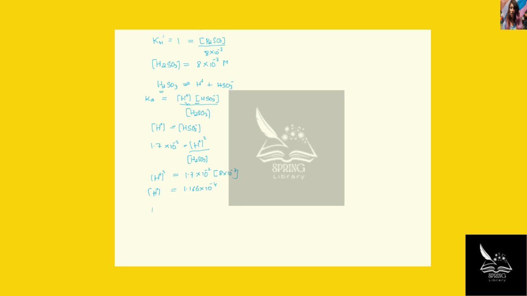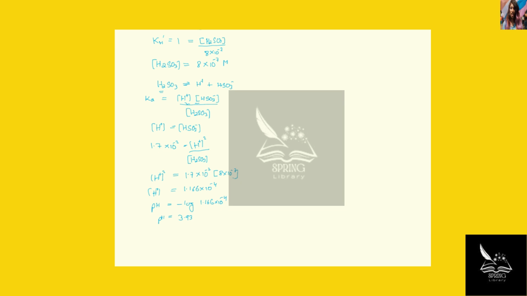And now the term for pH is equal to minus log of hydrogen ion concentration, and instead of hydrogen ion concentration we write this value, and its value is equal to 3.93. So this was the value of the pH of the rainwater under the given conditions.